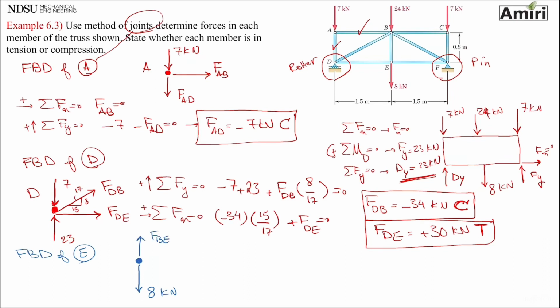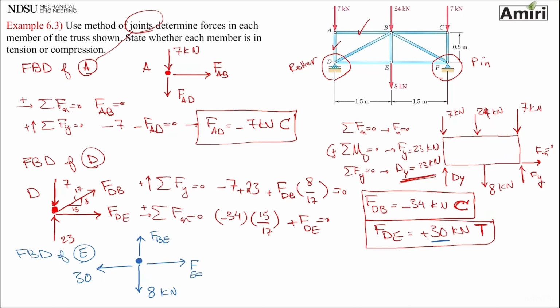BE. I put it in tension because it's an unknown, going away from the pin. I have DE, which I found to be tension 30. And I have EF, which is unknown. I put it as tension force of EF.